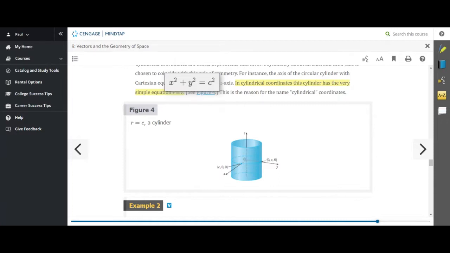Now, why is that? Well, let me show you. Let's say you had x squared plus y squared equals 4.